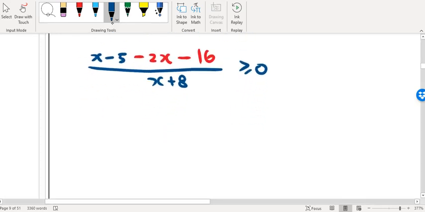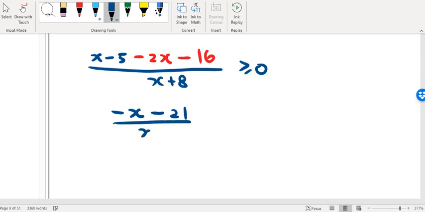So x minus 2x, you have negative x. Negative 5, negative 16, negative 21. Over x plus 8, more than or equal to 0.